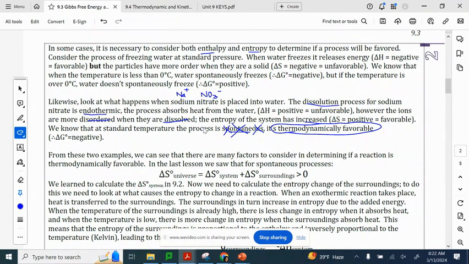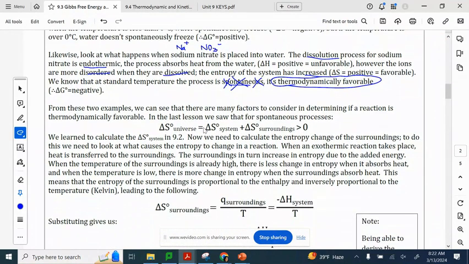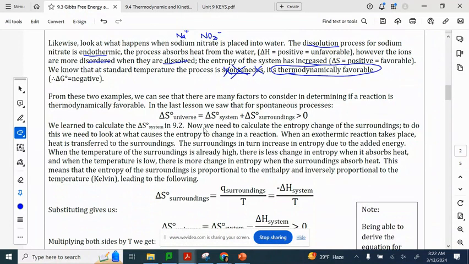So there's lots of different factors to consider to determine if it's going to be thermodynamically favorable. First, we have our entropy. I showed you how to calculate delta S last week. When an exothermic reaction takes place, heat is transferred to the surroundings.